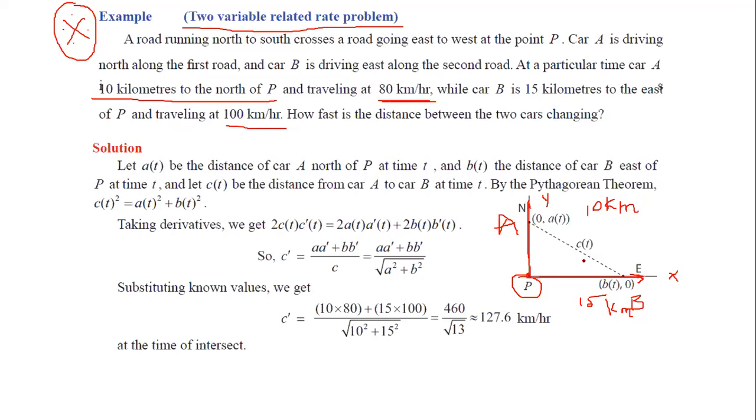Car A is 80 kilometers per hour, car B is 100 kilometers per hour. How fast is the distance between the two cars changing?